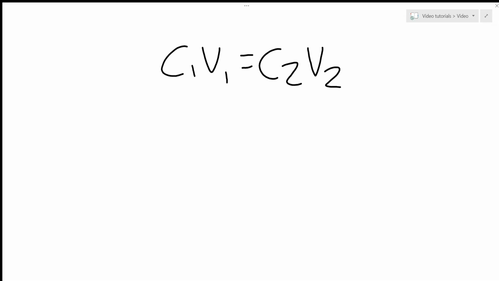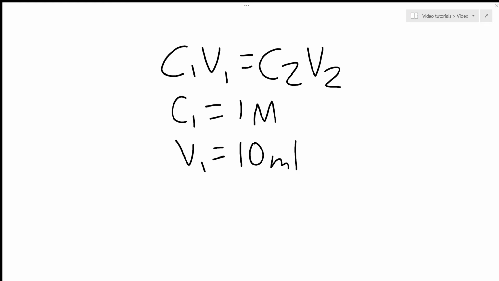And what we know, C1, the concentration of our stock acid is 1 molar, and V1, how much of it we use, is 10 mils. 10 mils divided by 1,000 is 0.01 liters.